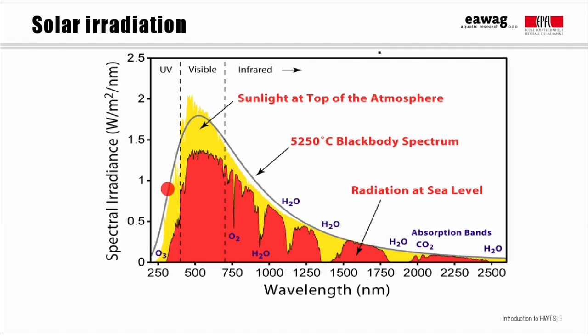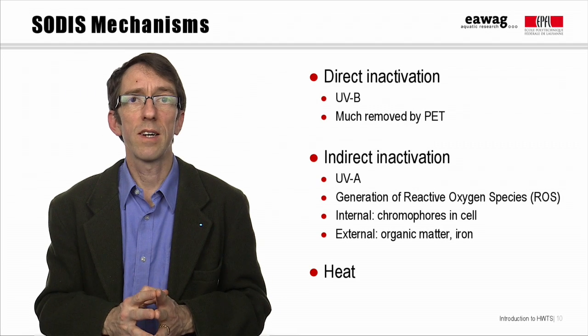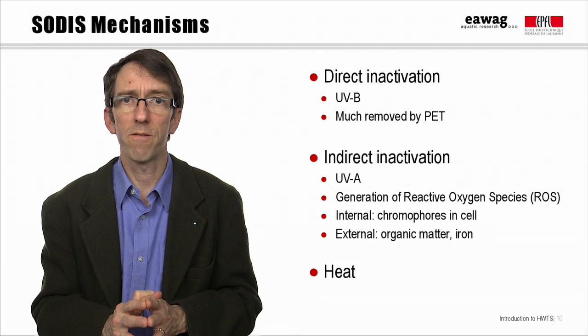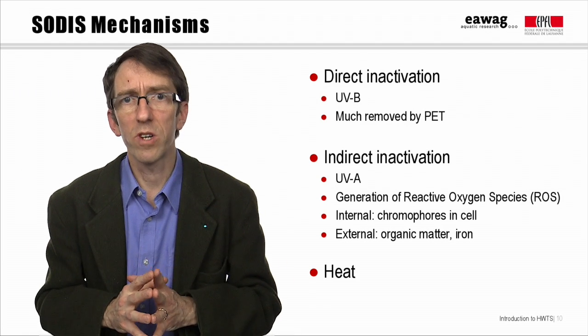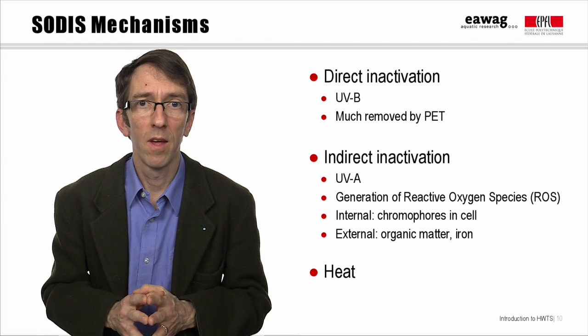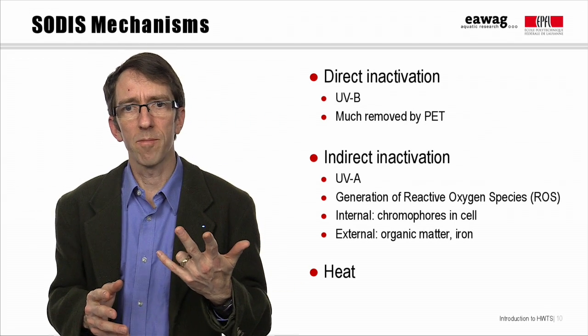UVA radiation is less affected by the atmosphere. Therefore, the UV radiation reaching the Earth's surface is largely composed of UVA with a small UVB component. Clearly then, SODIS has to work differently than UVC disinfection since UVC isn't reaching the Earth's surface, thankfully. And it does so with 3 main mechanisms.